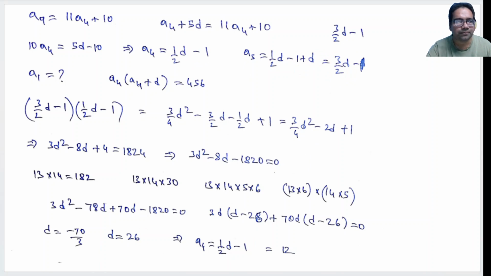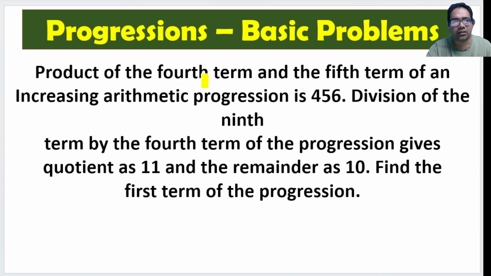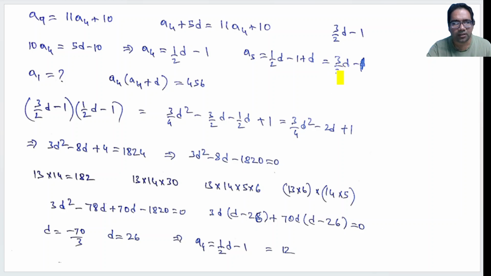As per the problem, the question says the product of A4 and A5 is 456. Then the product of 3 by 2 D minus 1 and half D minus 1 should be equal to 456.